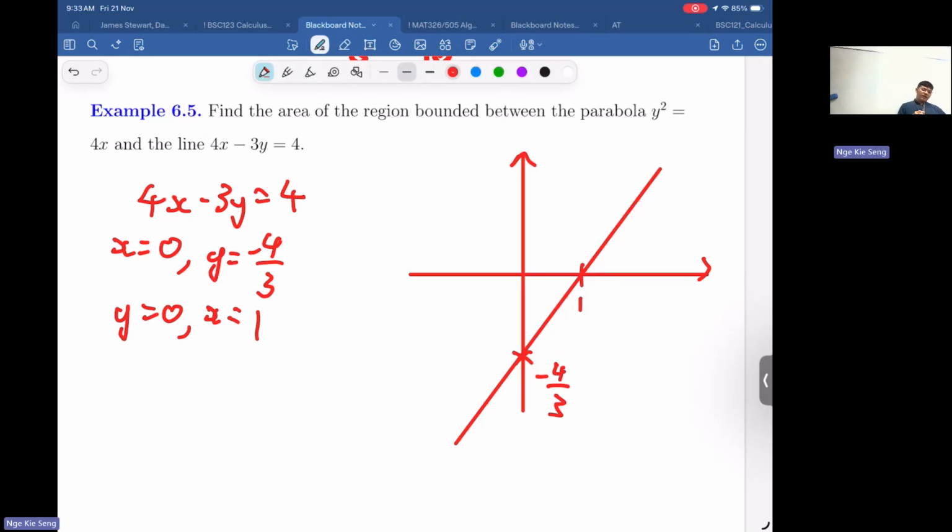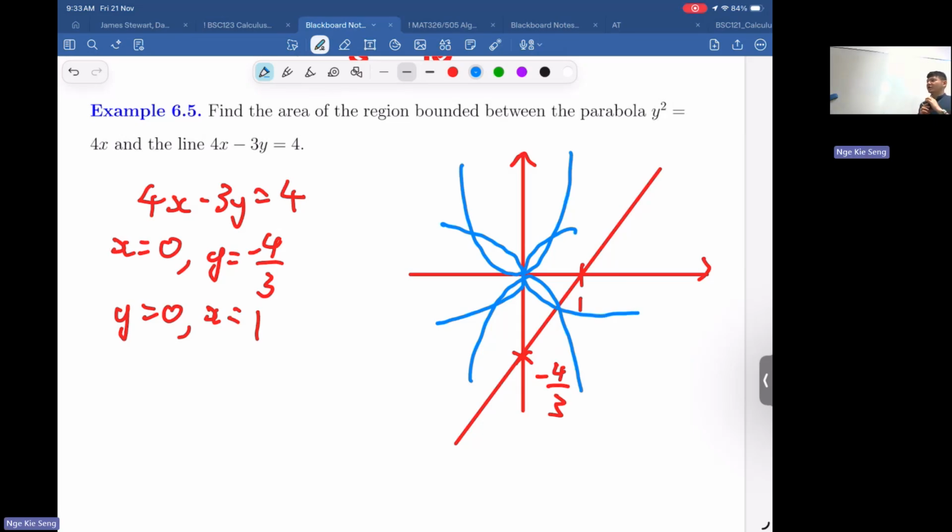Okay, how about this parabola? y squared equals 4x. So there are 4 directions you can pick, right? This one, x squared, or minus x squared, or some other 2 parabola. Obviously, we need to throw the x squared away because this is y squared.